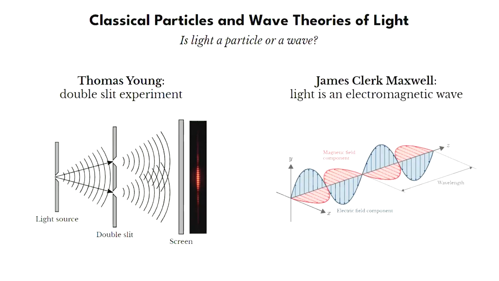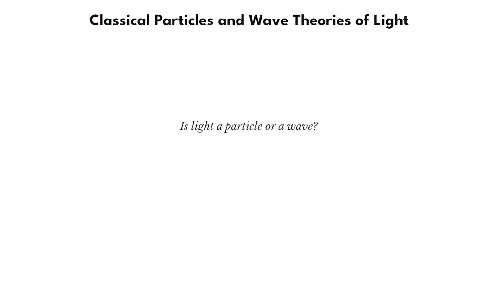Then Maxwell came along and told us that light is just an electromagnetic wave with well-defined wavelength, propagating in certain directions. So far, so good. Is light a particle or a wave? For classical physicists, it's a definite yes, a wave.